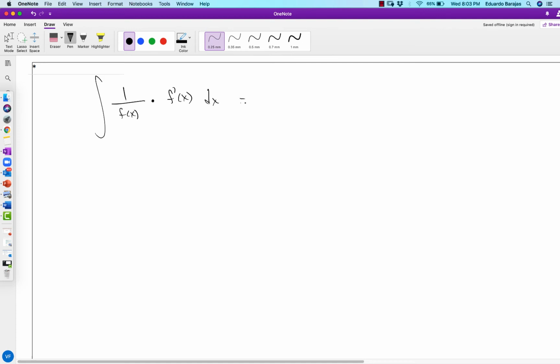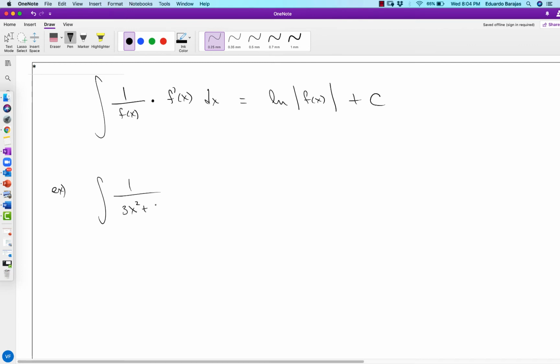Then this is going to be equal to ln of absolute value of f of x. Remember that the derivative of ln of x is equal to 1 over x. So that's going to give you this part of it, times the derivative of the inside function, which is that, plus some constant.